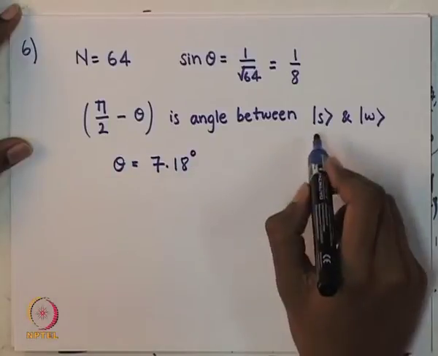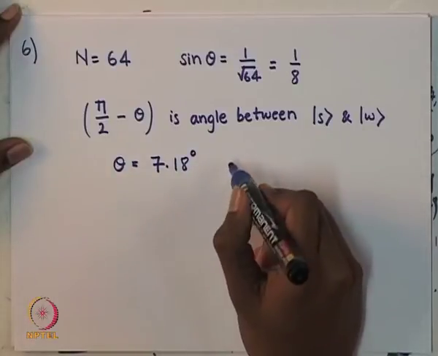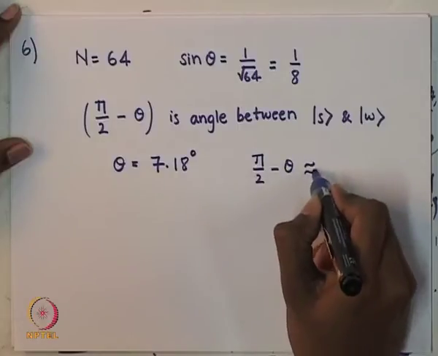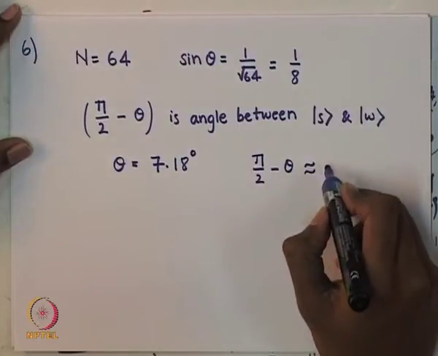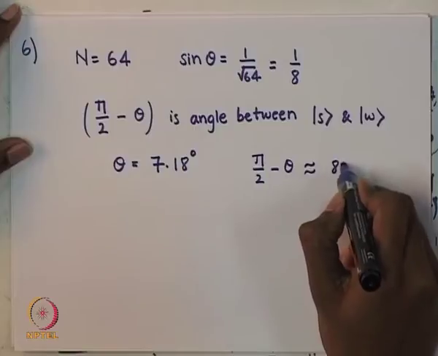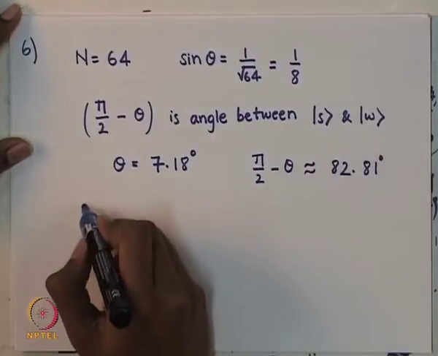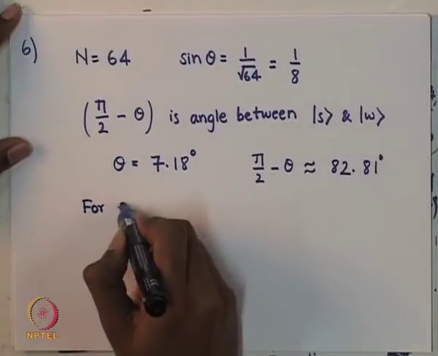So the angle between S and W, that is pi by 2 minus theta, is equivalent to 82.81 degrees in degrees.